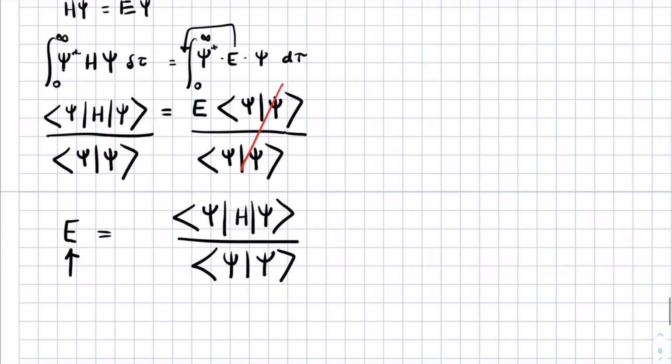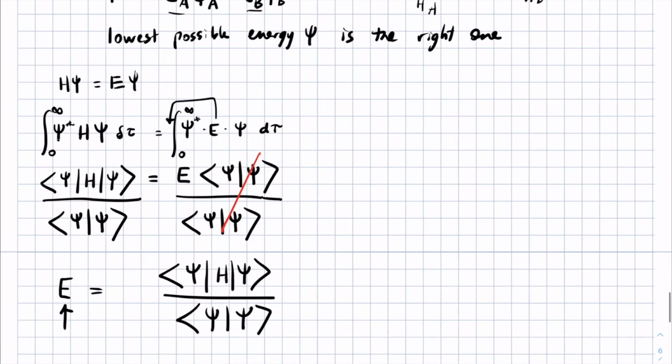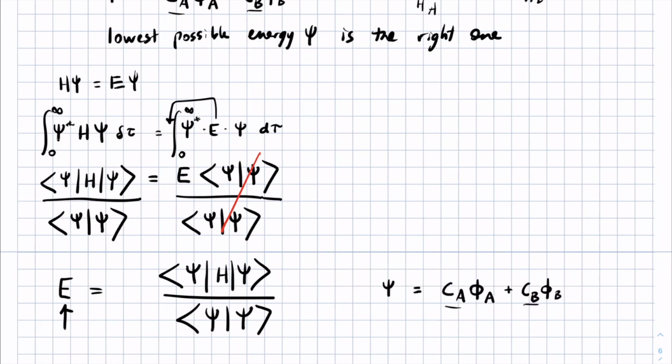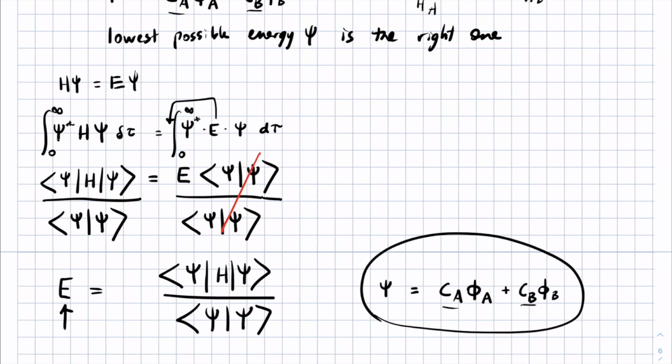And remember we defined the wave function up here. I'm going to copy that and bring that down. This is expressing the wave function as a linear combination of two different atomic orbitals.